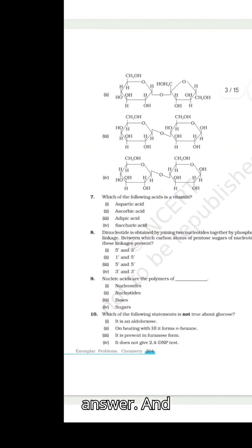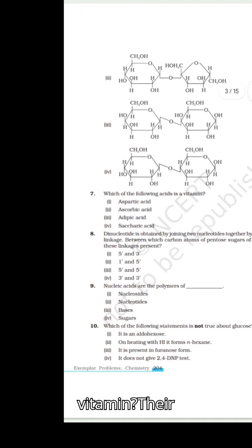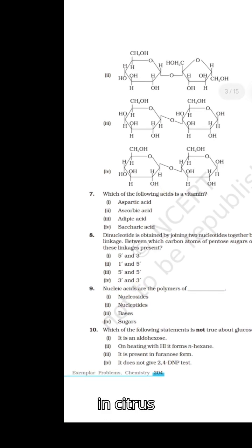The 7th question is: which of the following acids is a vitamin? The first option is aspartic acid. Aspartic acid is an amino acid that does not act as a vitamin. The second one is ascorbic acid, which is also called vitamin C, because vitamin C is most abundantly present in citrus fruits like lemon and orange.